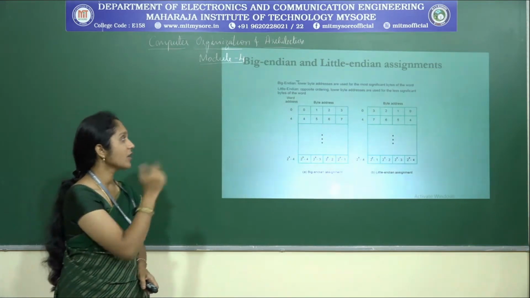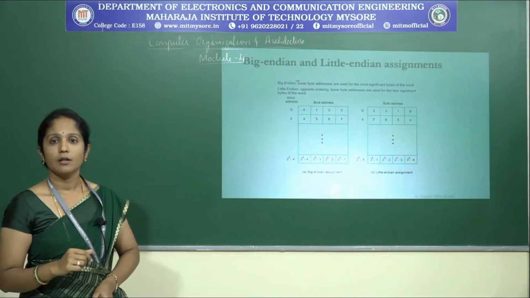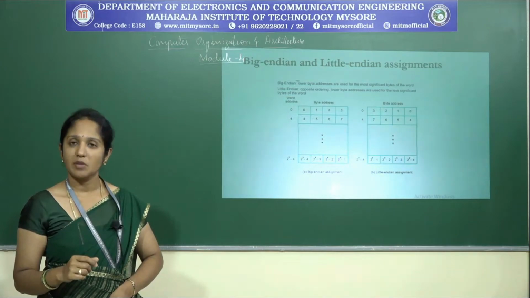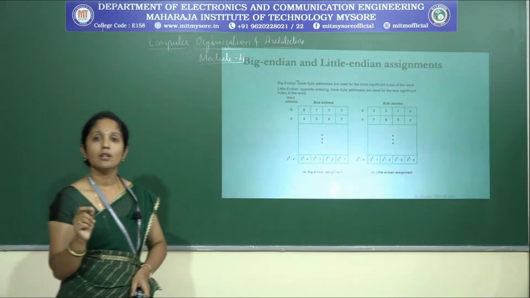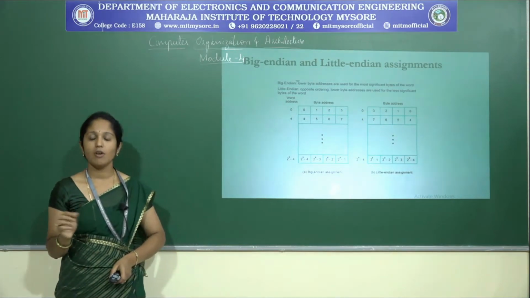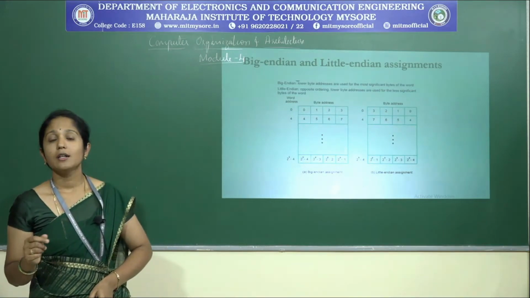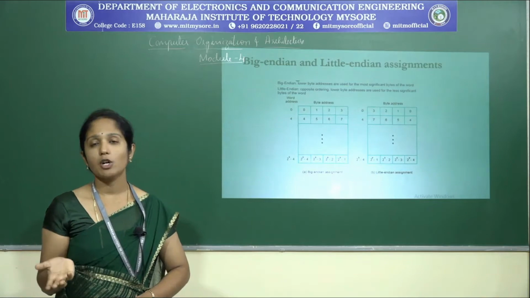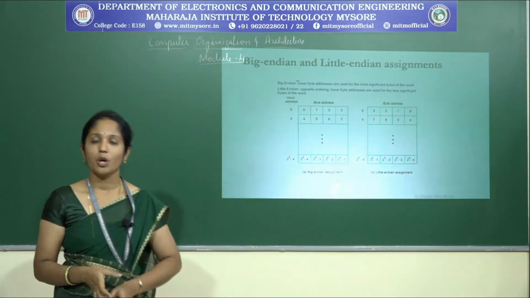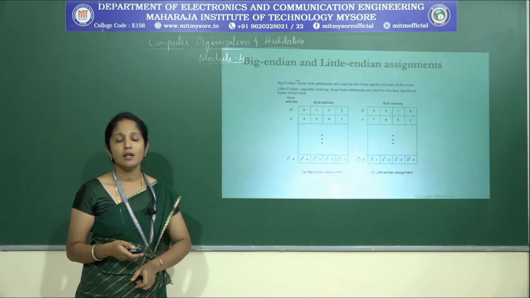So this is how the memory address assignment scheme will be. If you consider the little endian assignment, usually the Intel processors make use of the little endian assignment scheme. And the ARM processors or controllers can be configured to use either of the two, a big endian scheme or a little endian scheme.